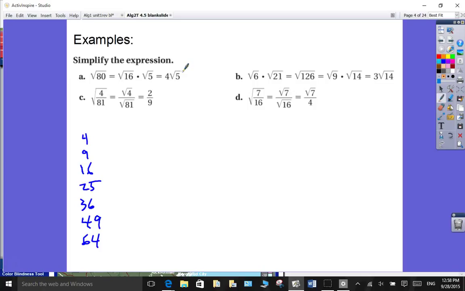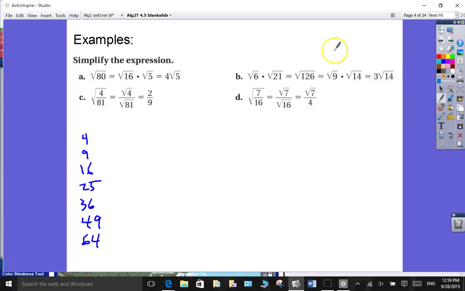So if you put it all together in one radical, now you're going to have a 3 times 3 inside one radical, and you will be able to simplify. So they put it together into 6 times 21, the square root of 126, and then factored the 9 out of that. That's 9 times 14. And you get the square root of 3 times the square root of 14.